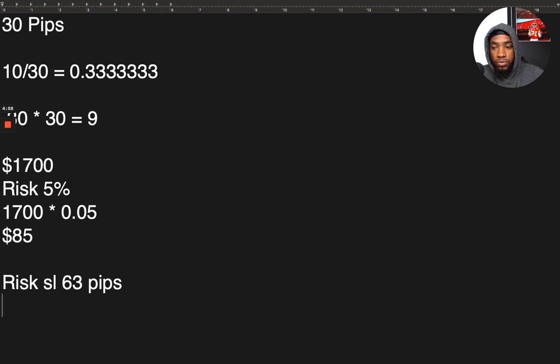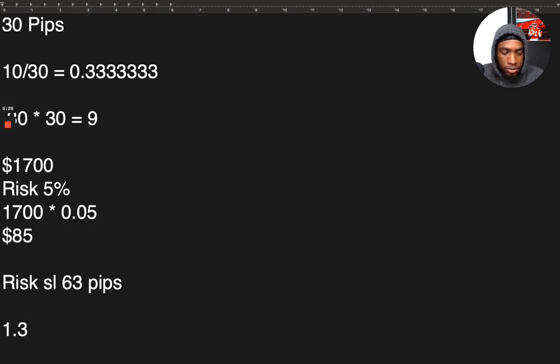It's going to give us 1.34, and a whole bunch of extra numbers at the end, which tells us we can actually put bigger lot size on there. So now we're just taking that, gonna do standard $10 a pip, 10 point micro times, what is it, 63 pips?